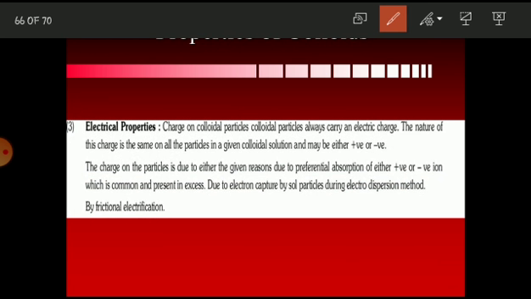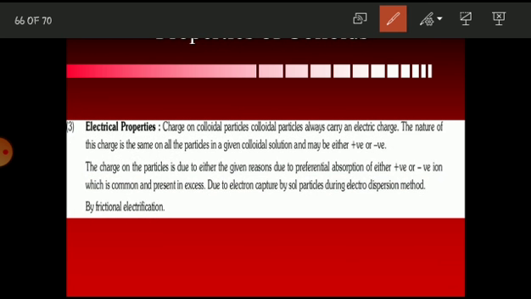Let us discuss these electrical properties. Colloidal particles always carry an electric charge. The nature of this charge is the same on all the particles in a given colloidal solution, and it may be either positive or negative.